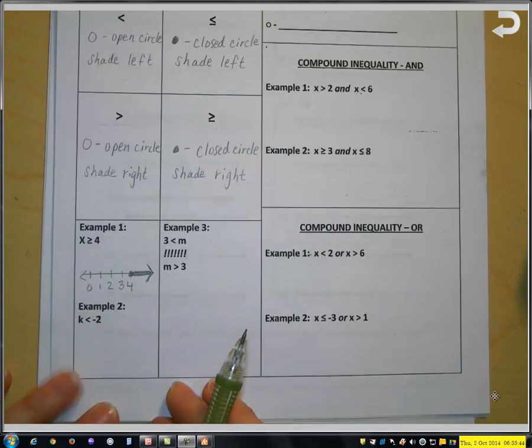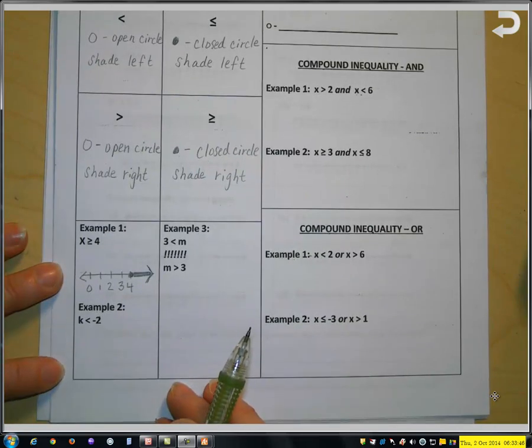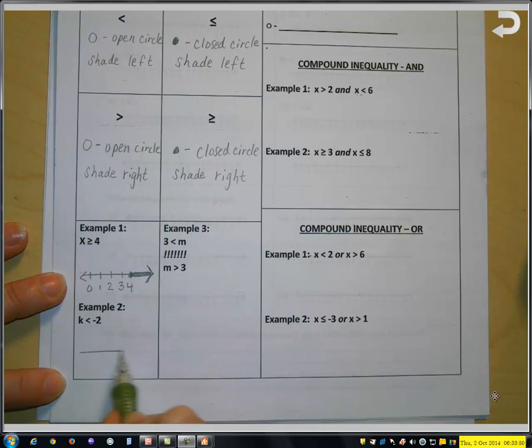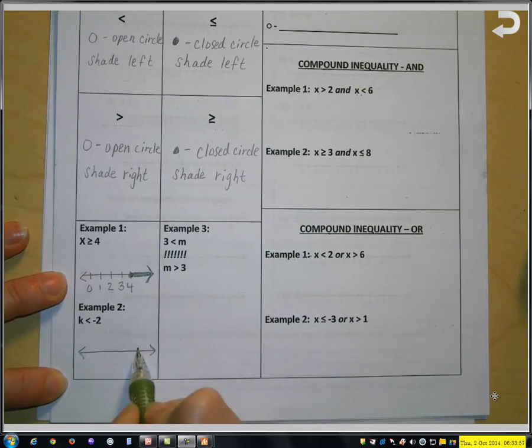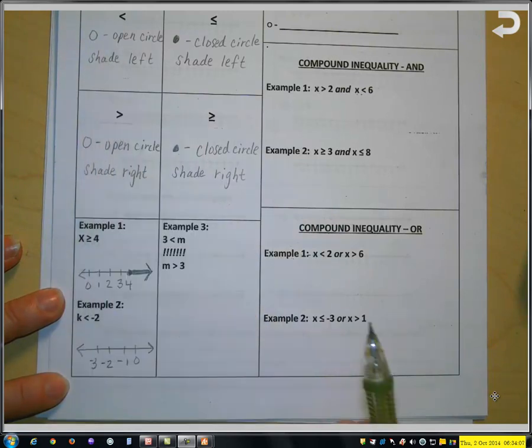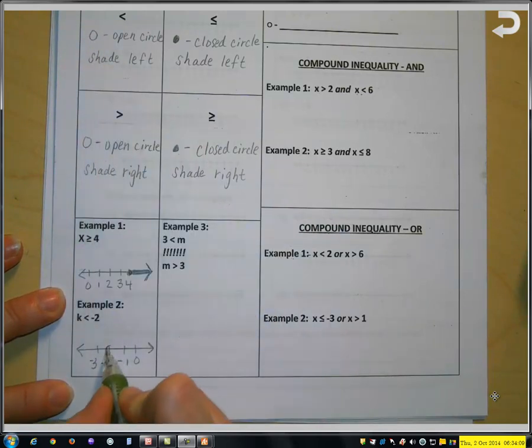Okay, so now let's graph k is less than negative 2. Okay, here's our number line. So for a less than, we're going to use an open circle on -2.